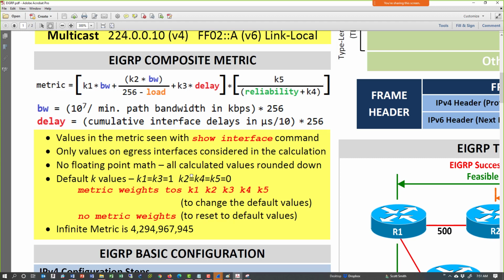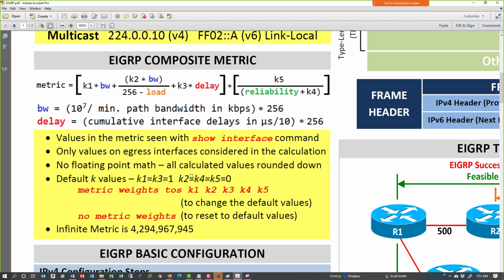Bandwidth is 10 to the power of 7 divided by the minimum bandwidth along the entire path in kilobits per second, times 256, and delay is the sum of all of the interface delays in microseconds divided by 10, times 256. So if I put those into the formulas as well, we would see a really complex metric with EIGRP.